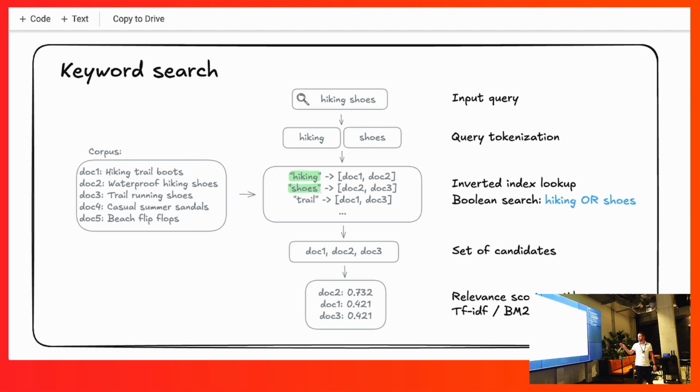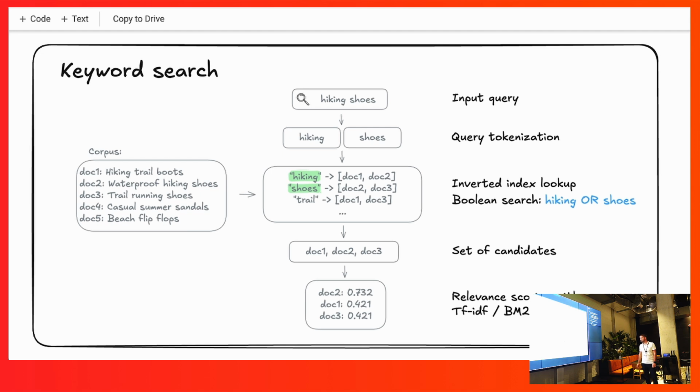The next step is to do an inverted index lookup, and we are doing a Boolean search using the OR operator. So we are fetching all the documents that have at least one token from the query. And after that, we are doing relevance scoring using TF-IDF or BM25 or something like that.